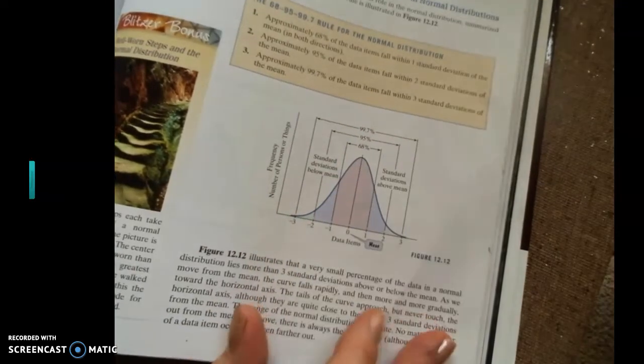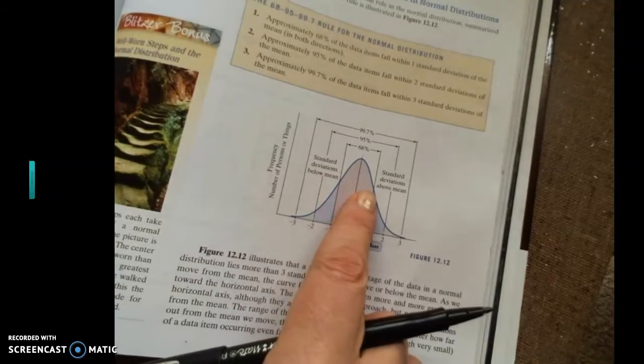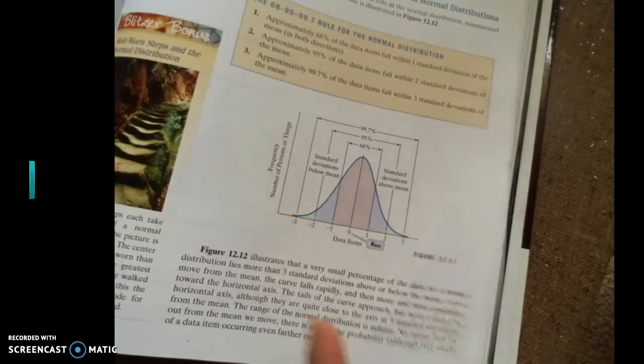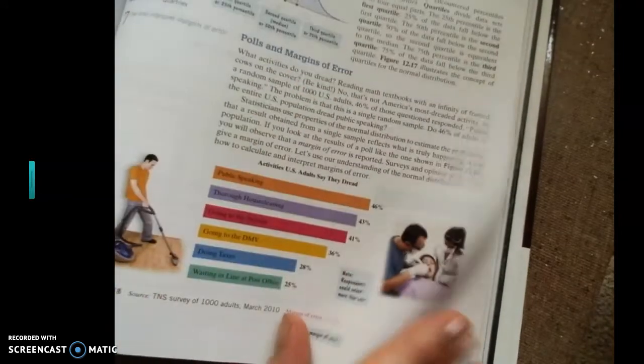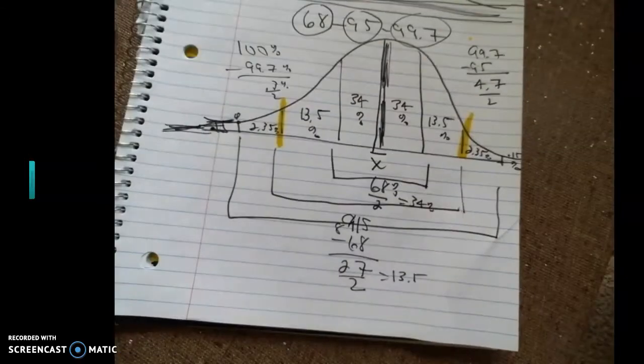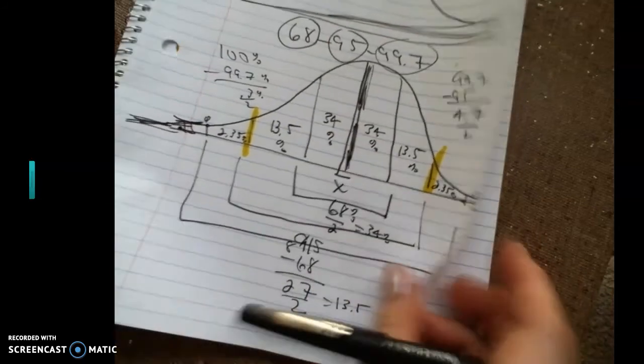But they didn't divide it into 34, 34, 13.5, 13.5, 2.35, 2.35, and then 0.15 for the tails. They might do that later, so let's see. It does not look like they did it. I guess they decided that wasn't important. I'm not so sure. Okay, so let's go back to what we did with those grades.